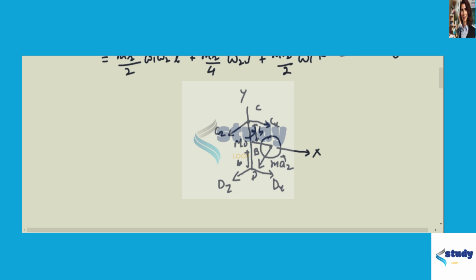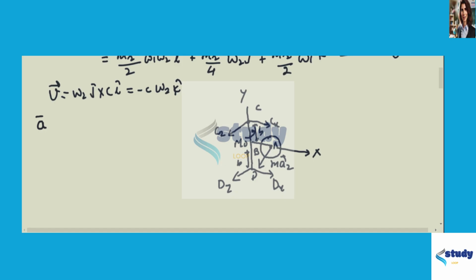Now we can write the velocity of the mass center A. This is point A. The velocity you will write as omega 2 j cap cross C i cap, that is minus C omega 2 k cap.